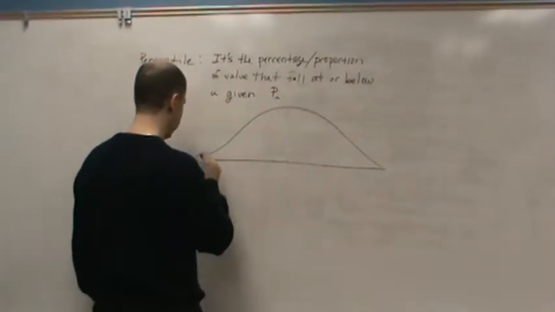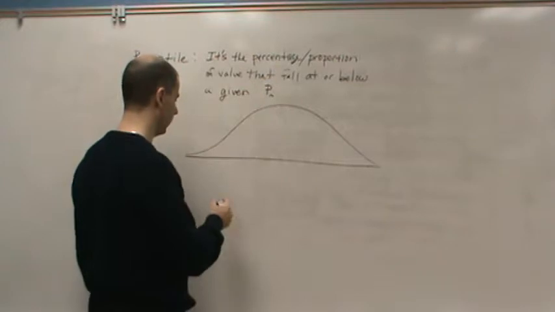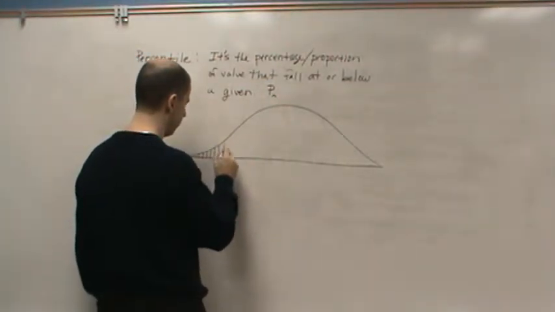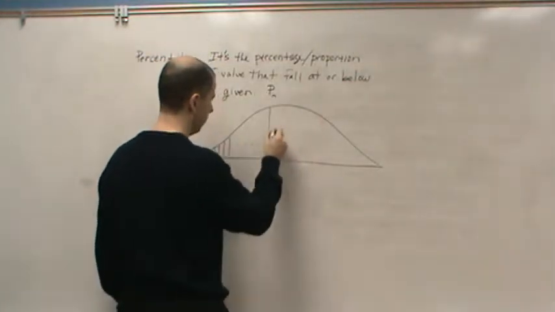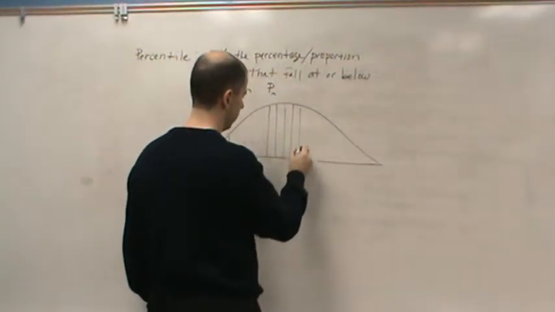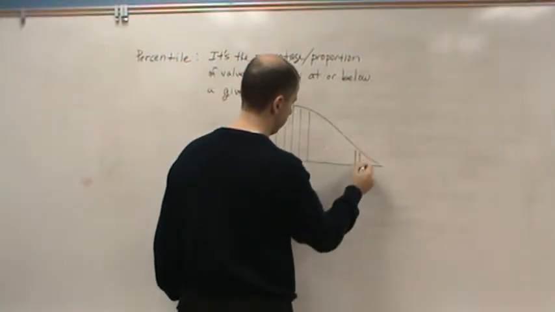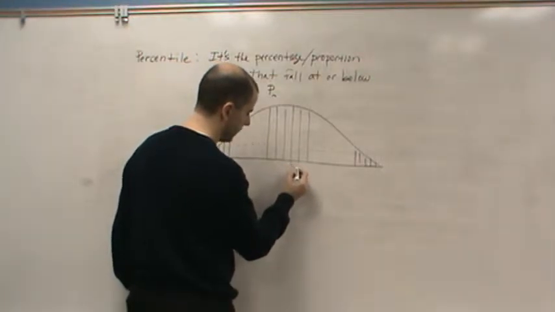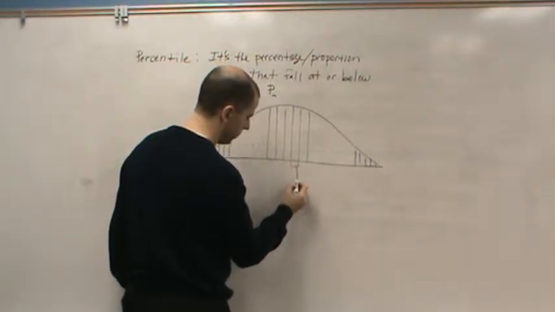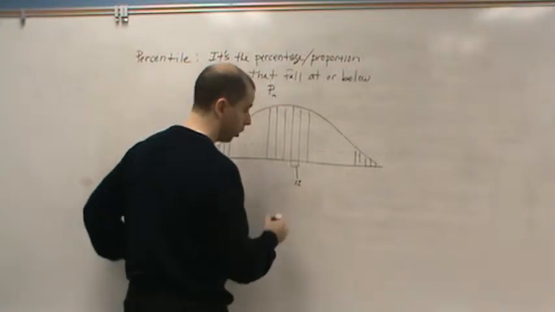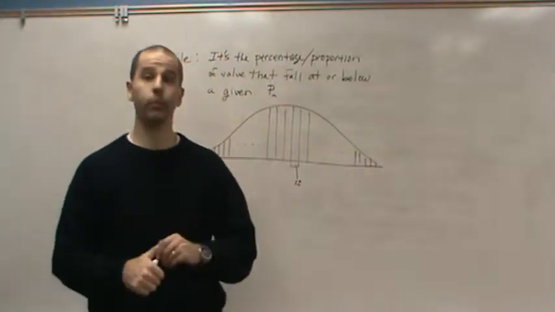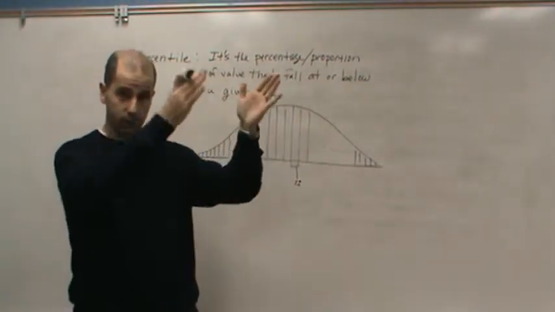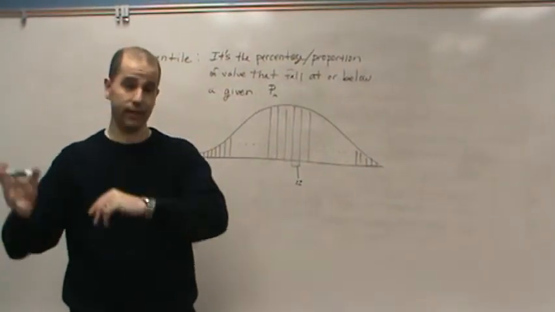Think of a histogram doing the same thing. So what I'm doing is cutting the data, where each one of these pieces contains, remember the empirical rule, those partitions based on the standard deviation.